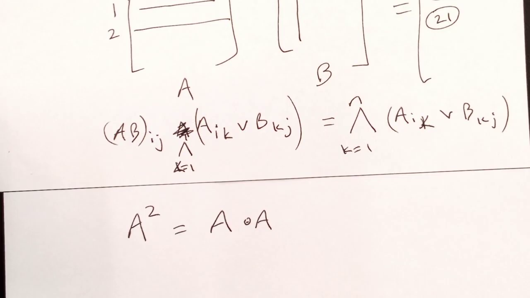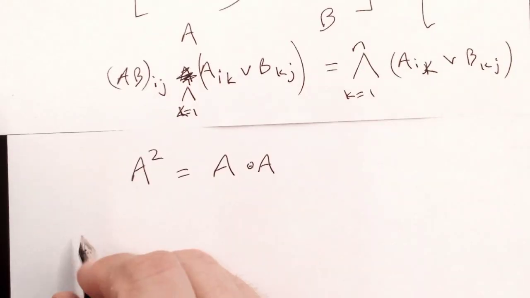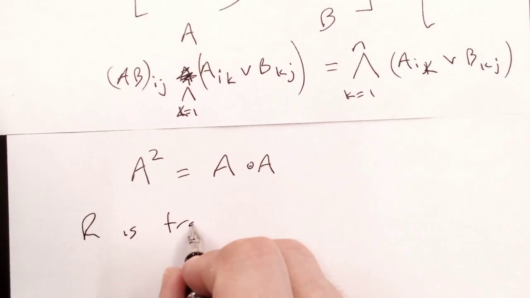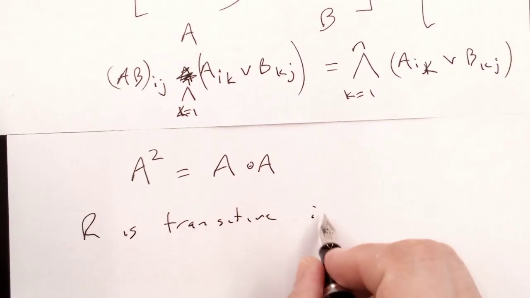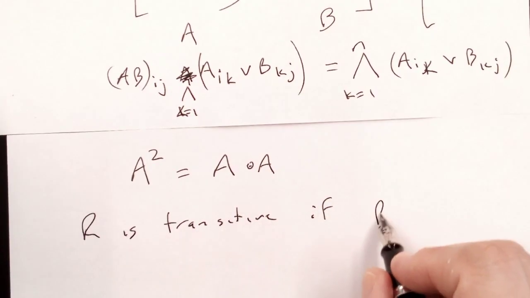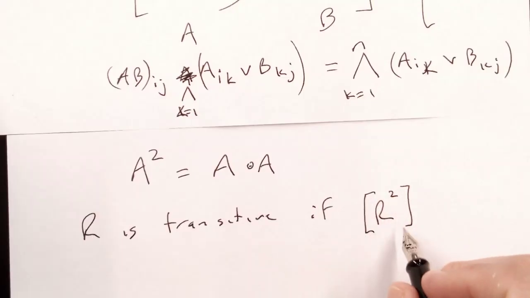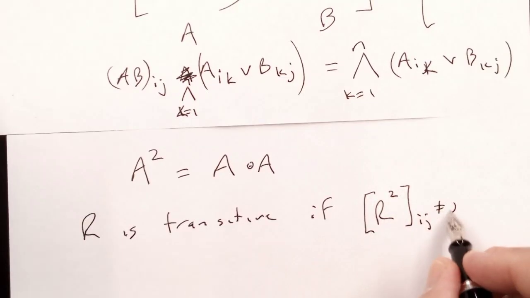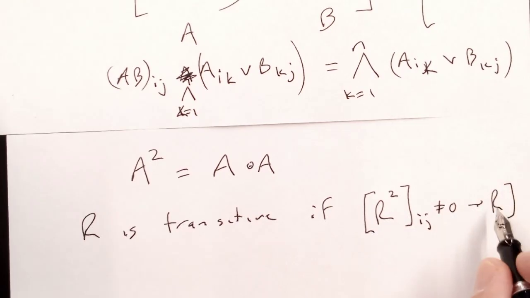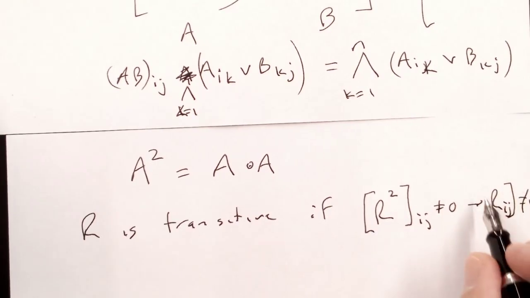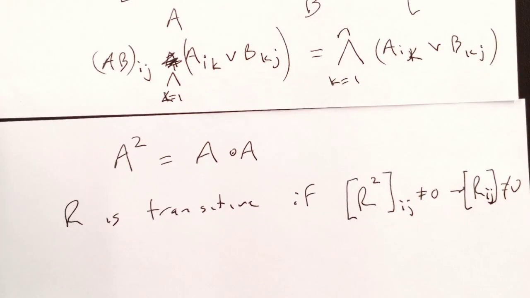But here's the best part. You can figure out whether or not your relation is transitive by looking at the square of the matrix.